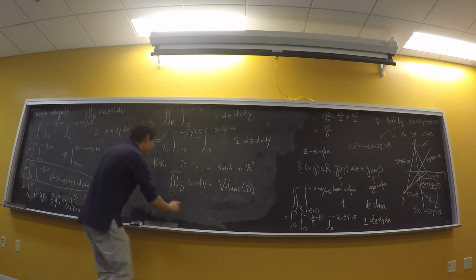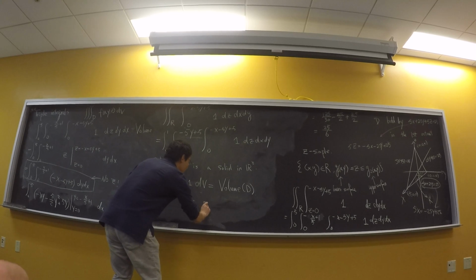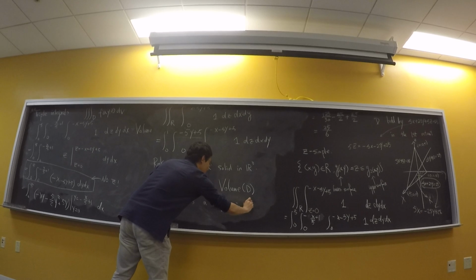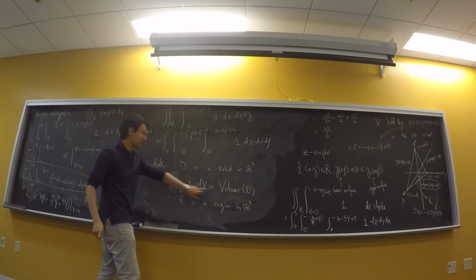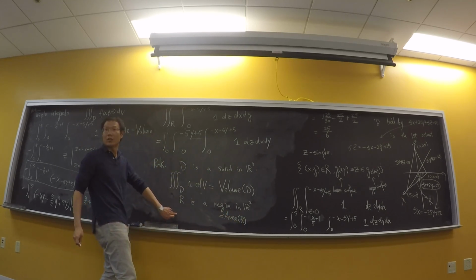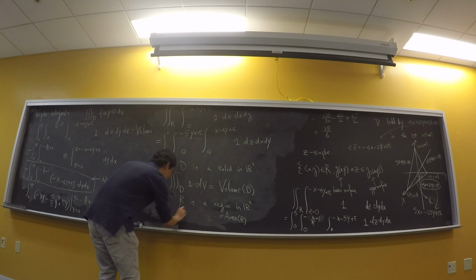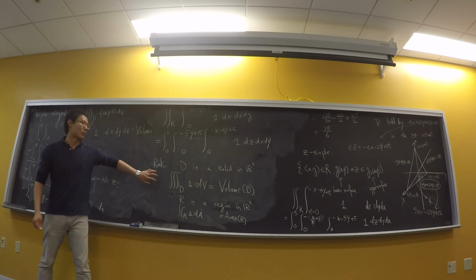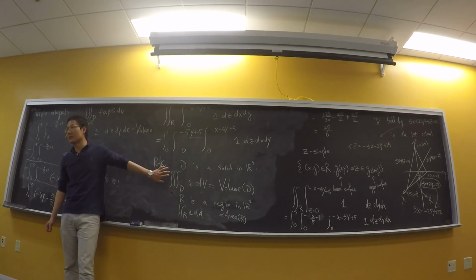So if R is a region in R2, we compute the area of this region by taking the double integral of a constant function 1. These two formulas are pretty nice applications of our multivariable integrals.